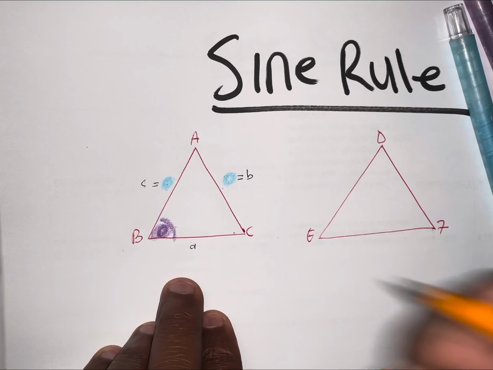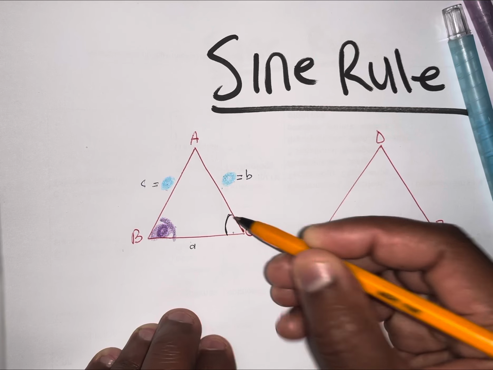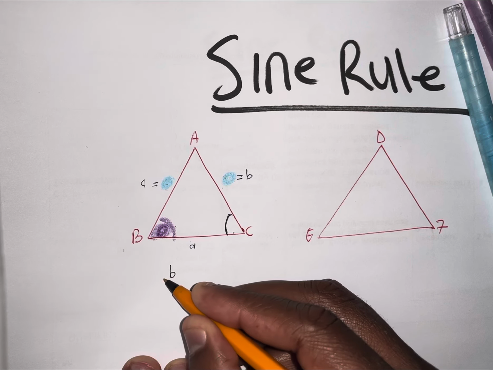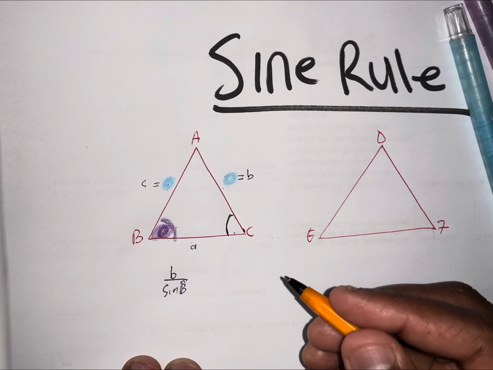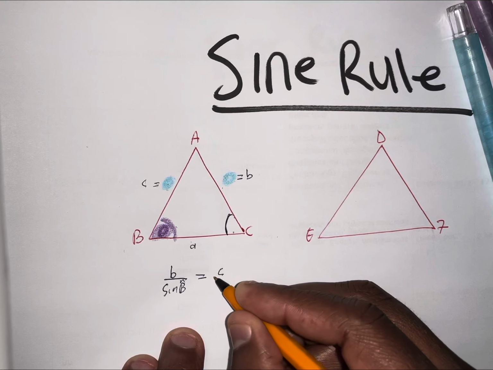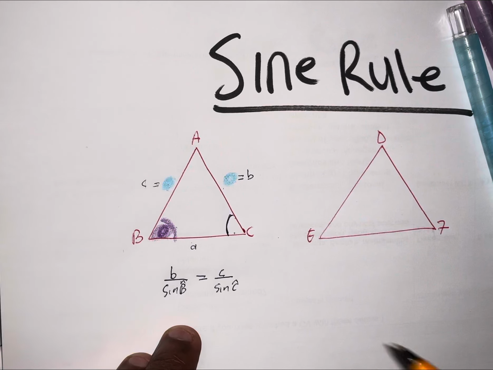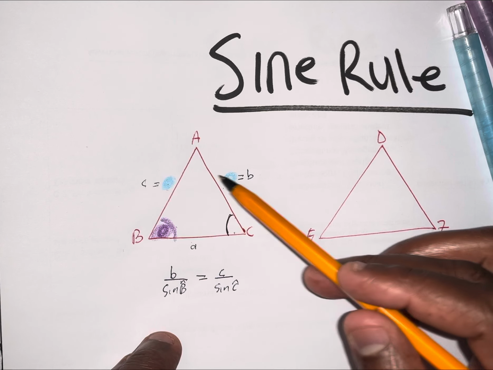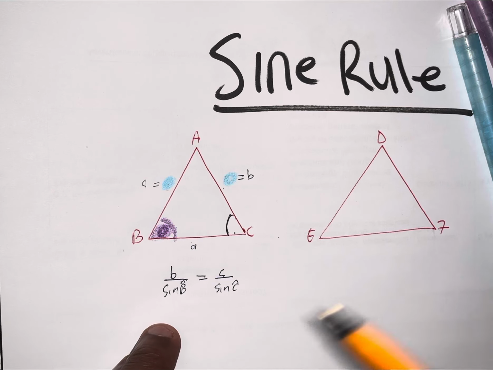If they say you need to determine angle C, you can say small letter b divided by the sine of angle B equals small letter c divided by the sine of angle C.